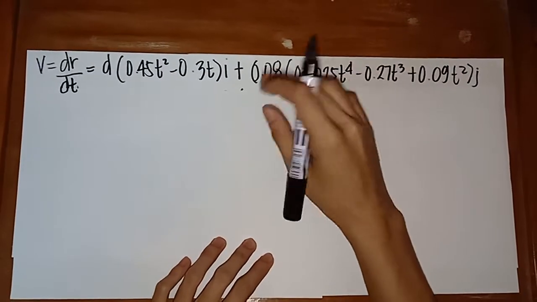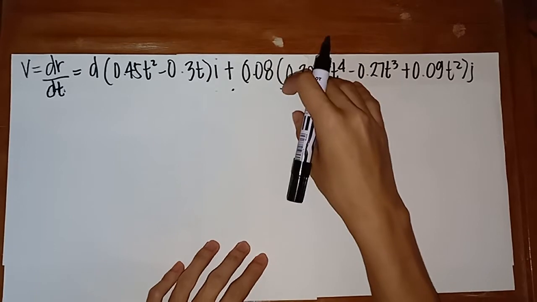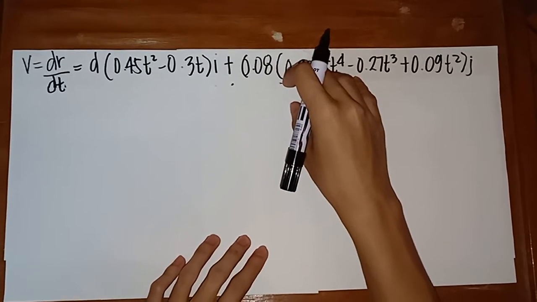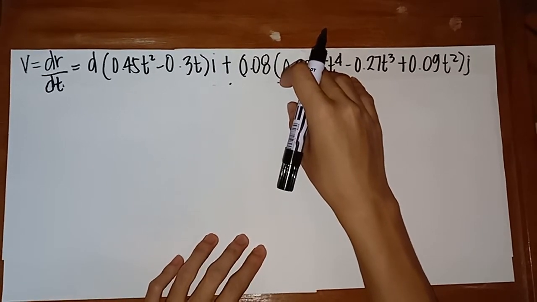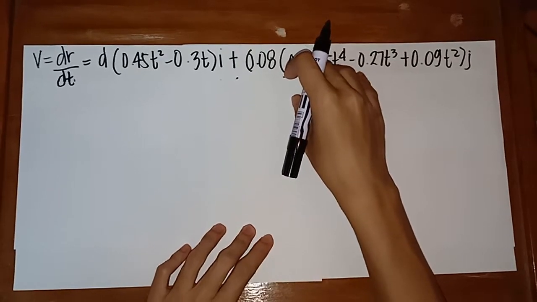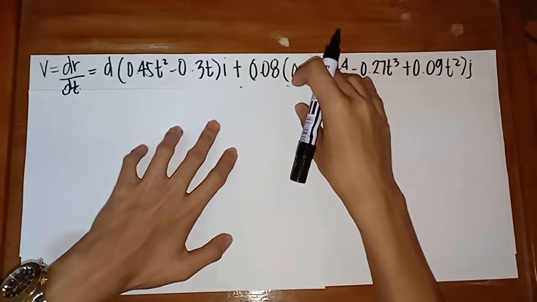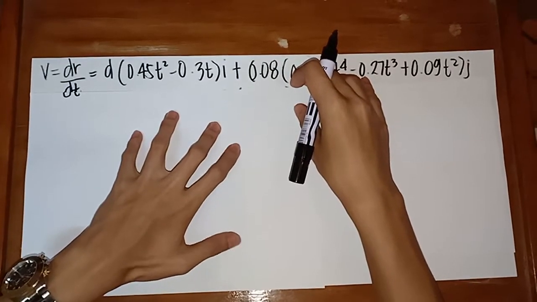So, ang pangalawang hinahanap natin is yung velocity or yung x and y component ng velocity natin. So, alam naman natin na ang velocity is equal to the change in position with respect to time. So, i-derivative natin yung nakuha natin na position vector.